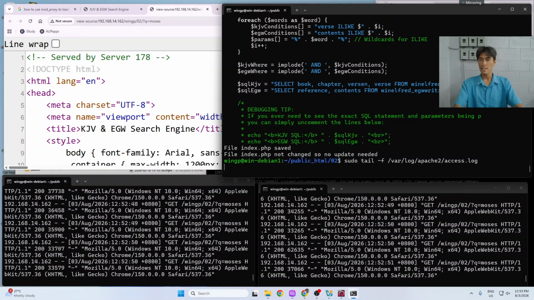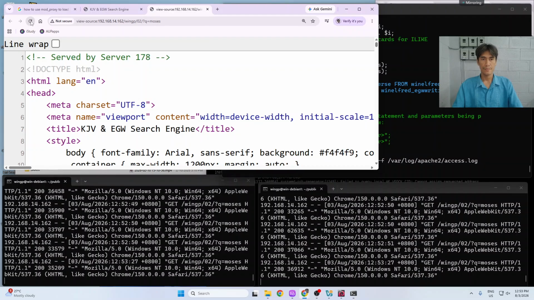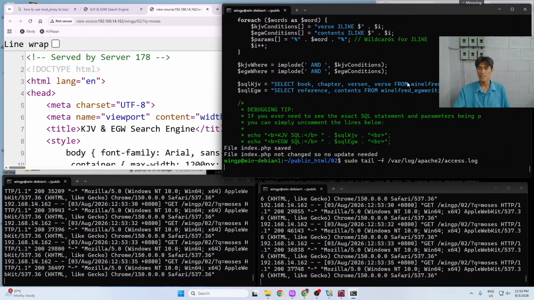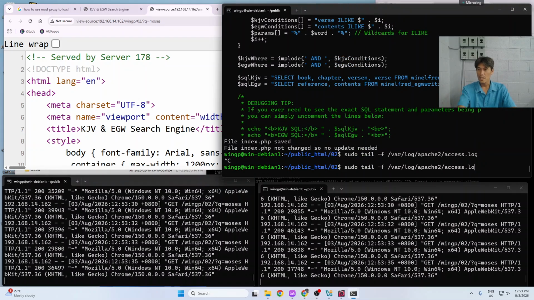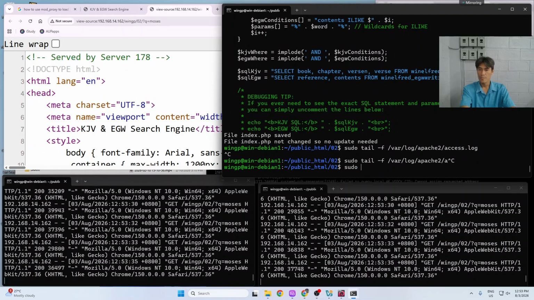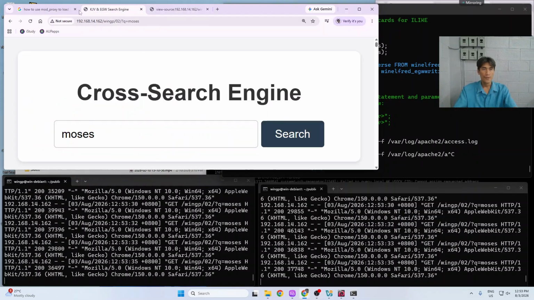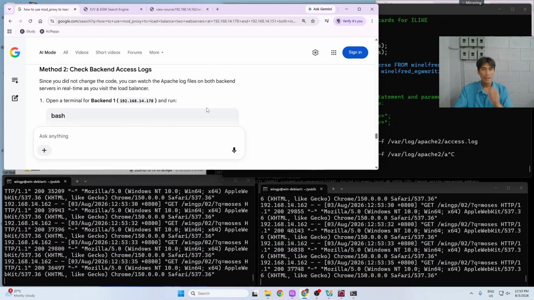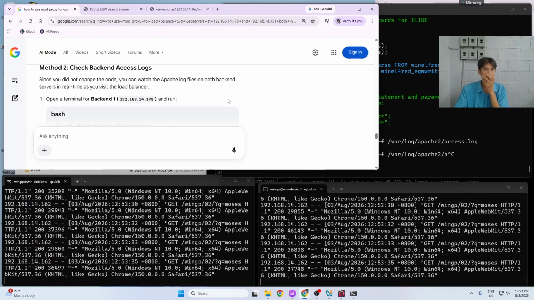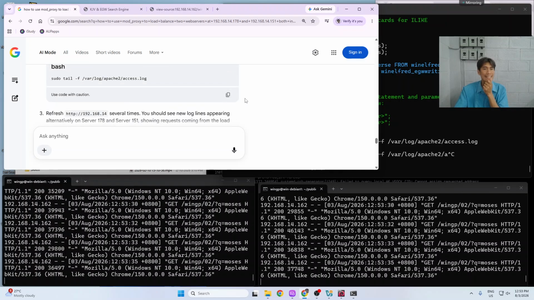What's going on here, class? You see what's moving? Yan, hindi nyo nakikita. No? When I reload this, wala pala access. Hindi pala lumalabas dito sa access log yun.